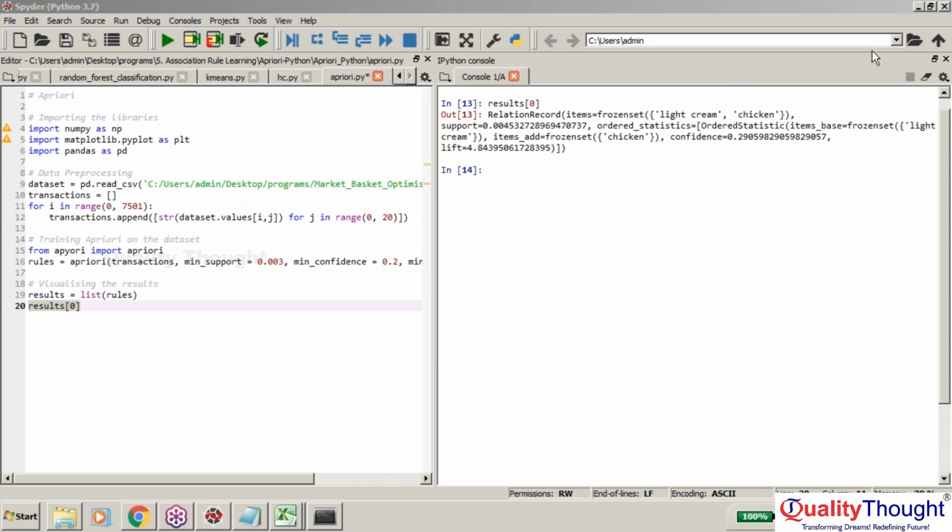You can cut them short and make them one single line. So you could see the confidence for the items like chicken and light cream, how much is the support and all other statistics. Based upon this, we can always evaluate the best products which can be loaded with the best inventory for one particular company.